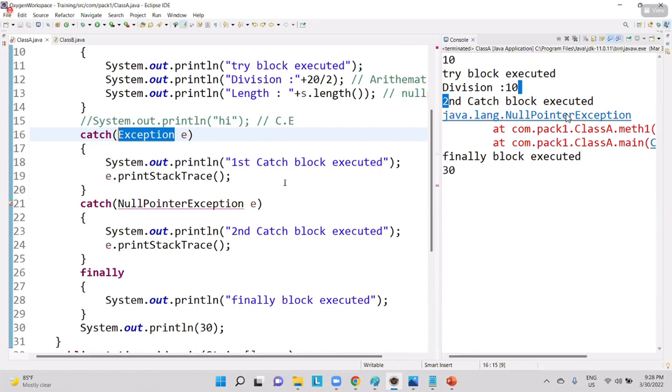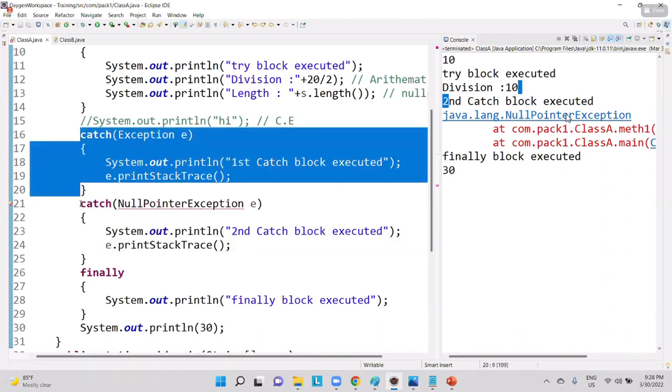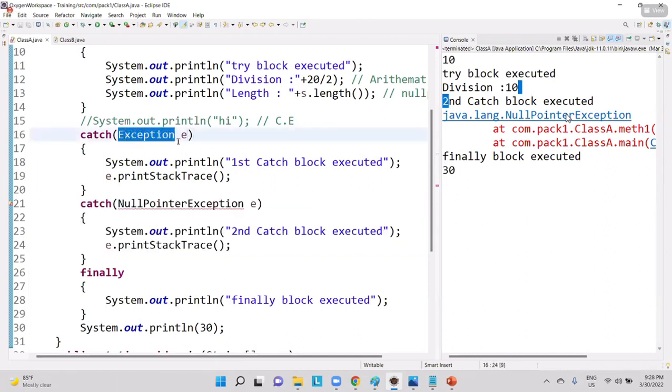So now what I want to say here is, guys, if you are writing multiple catch blocks, always make sure first you need to write child exception. Child exception.